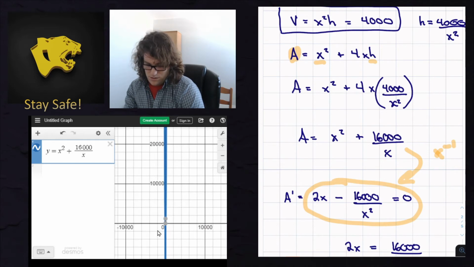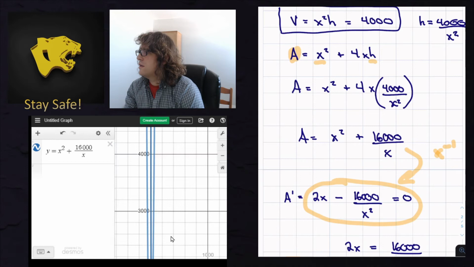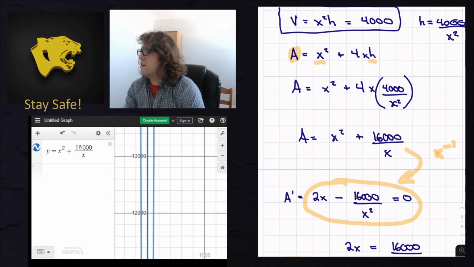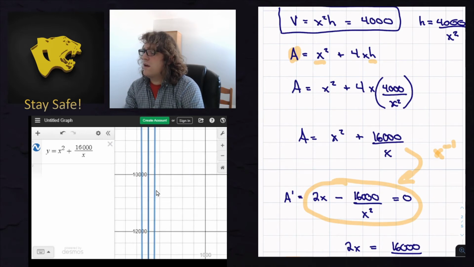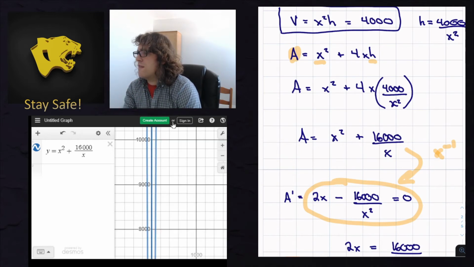Now, obviously something funky is going on on the negative side of things there. And so it does have a vertical asymptote occurring at 0. As we said before, we don't care what's going on on the negative side of things there. So we don't really have to explore that side.